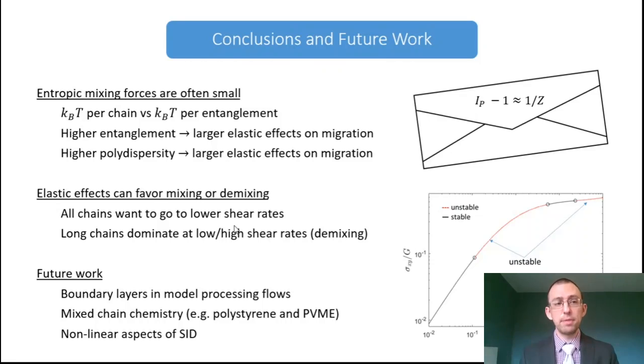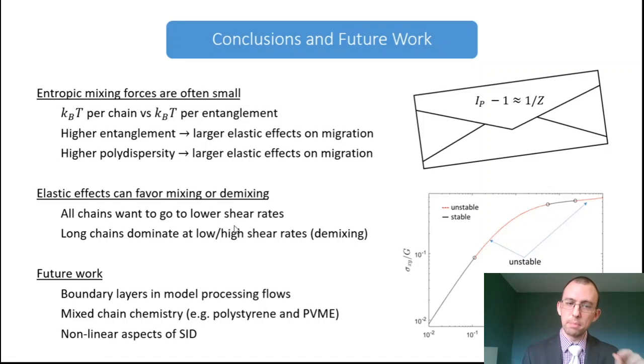Okay, so just briefly to summarize, the most important result from this talk, if you remember nothing else, is this back of the envelope calculation, that when the polydispersity index minus 1 is comparable to 1 over the entanglement number, that's a circumstance where, depending on your shear rate, you may have shear-induced demixing in your systems. The next thing to remember would be that elastic effects in a system can favor either mixing or demixing.